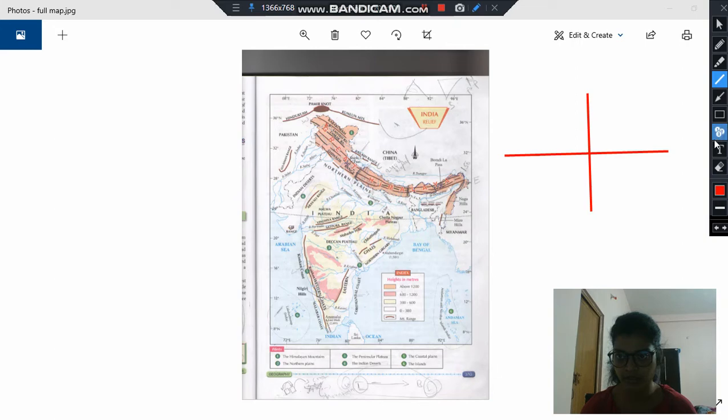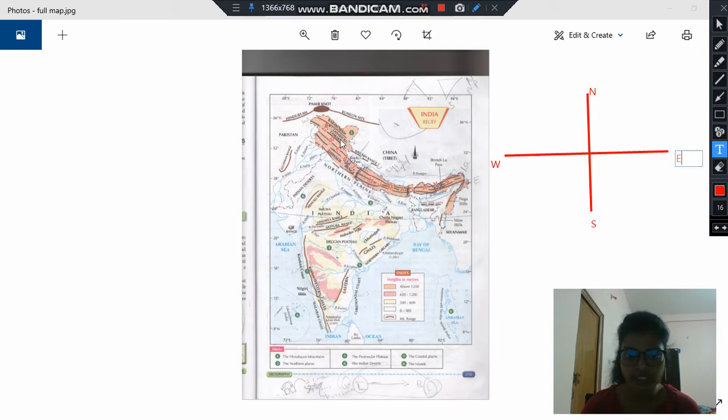The upper part of the map is called north, the lower part is south, the left hand side is west, and the right hand side is east. This is how we will measure on the map.